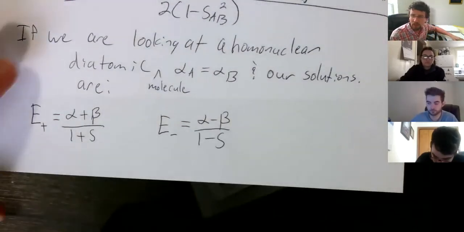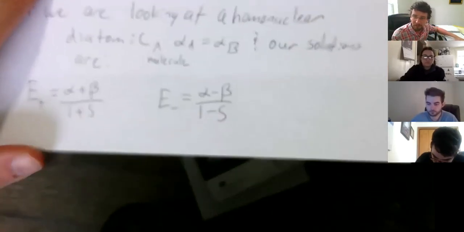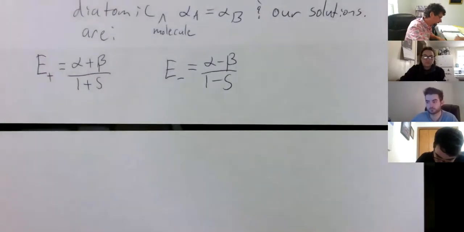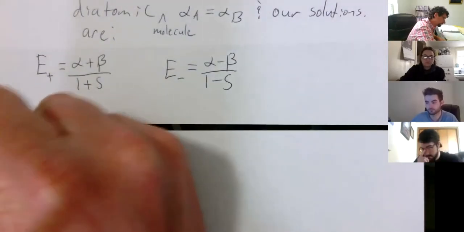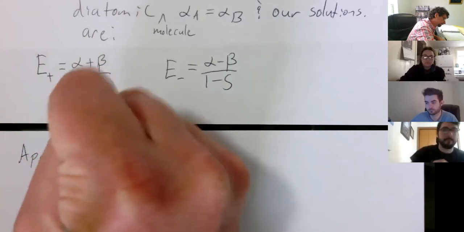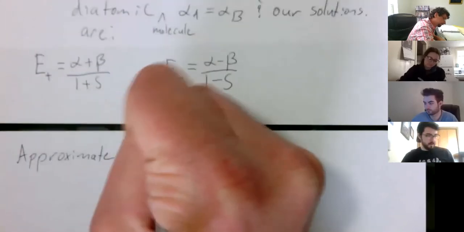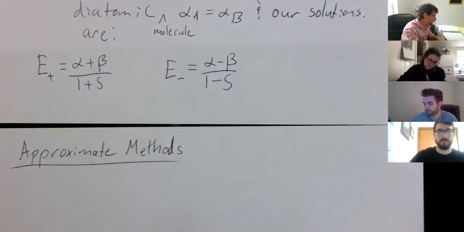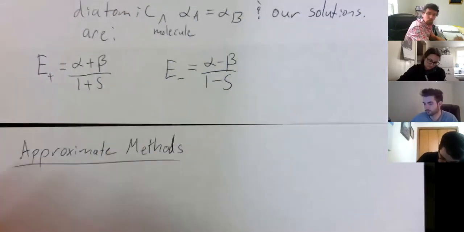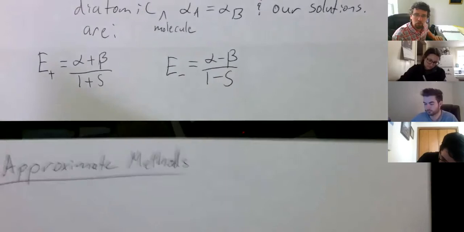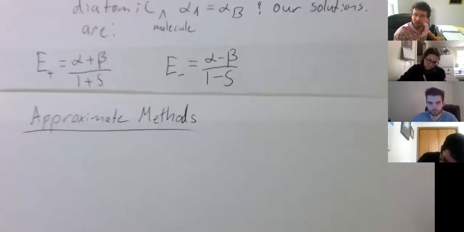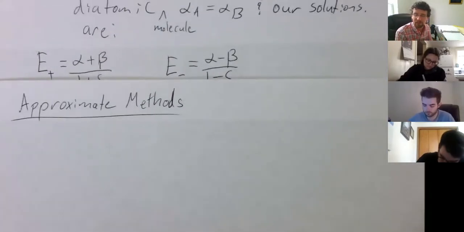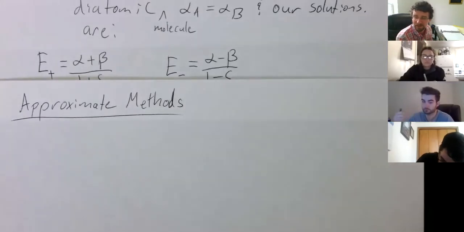But before we do that, let's talk about different approximate methods. So again, where does the problem become, what can't we solve exactly? Why can't we solve these systems exactly?